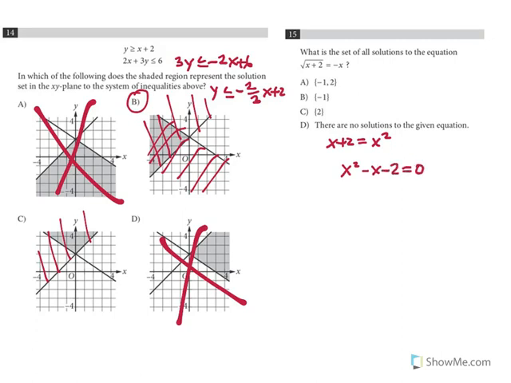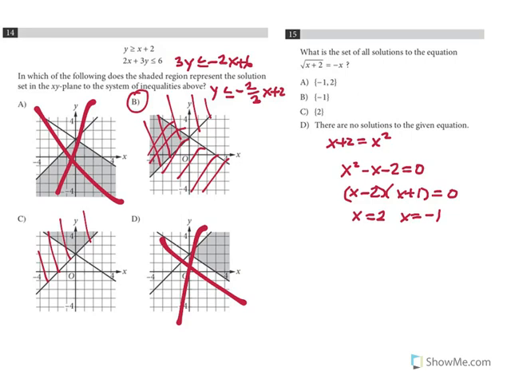Of course, when we have a quadratic, it has to be set equal to 0. So we have x minus 2, x plus 1 equals 0. Now looking at that, we've got x equals 2, x equals negative 1, which looks like answer choice A.